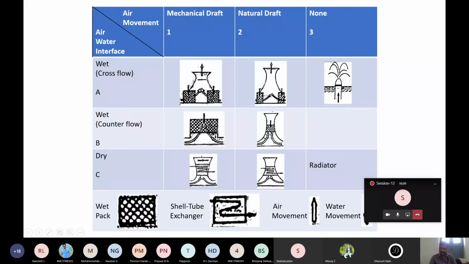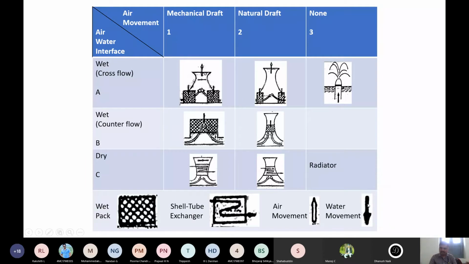Since water is inside the pipe, there is no mixing of air and water, or no direct contact, so we call that dry. In this arrangement, it is wet because air is going to have direct contact with water. That means it will get mixed with water, and it is called cross flow. Here you can see.